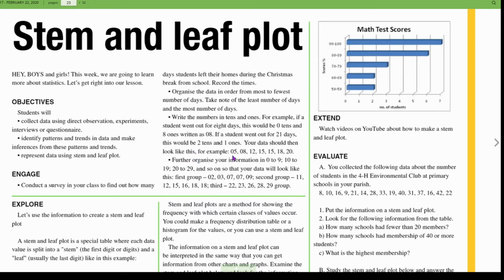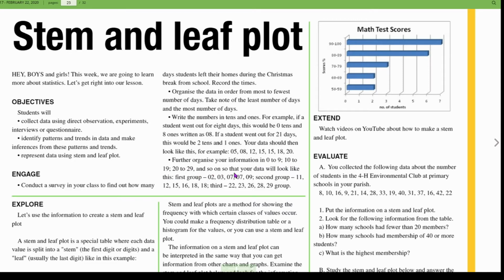For example, 05, 08, 12, 15, 15, 18, and 20. And if you notice, they start from fewest to largest, or from least to most, and this is in ascending order.